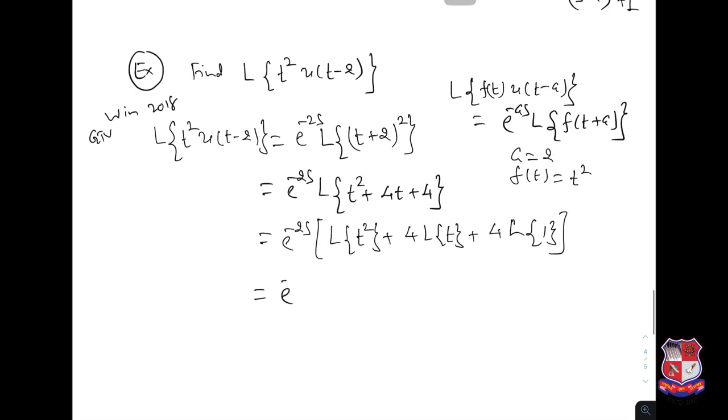So this is e power minus 2s and that is, t power 2 factorial, so that is 2 over s cube plus 4 over s square plus 4 over s. So this is the answer.